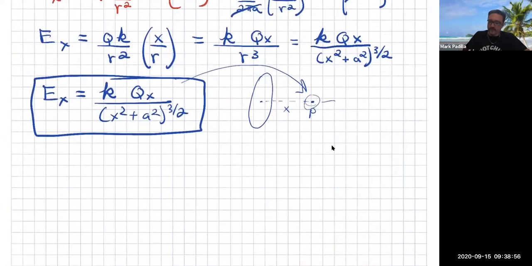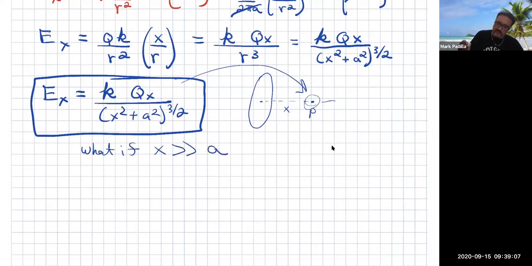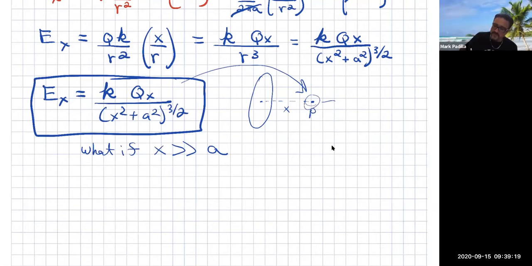Now here's the cool thing. What if x is much, much greater than a? That means a becomes inconsequential, and then a approximately goes to 0.